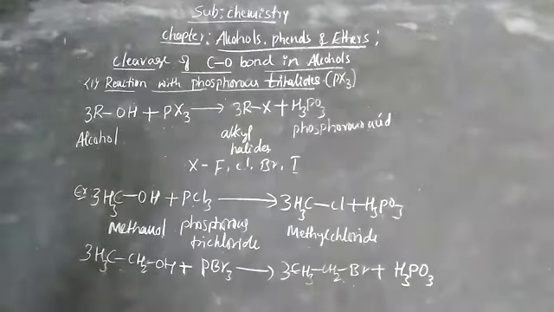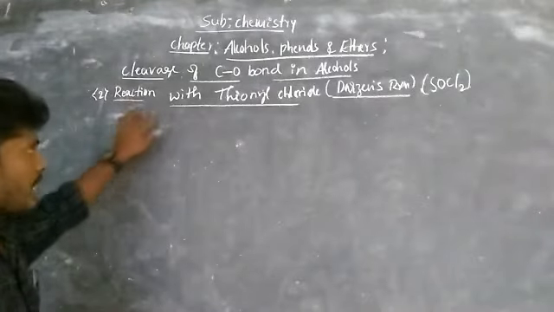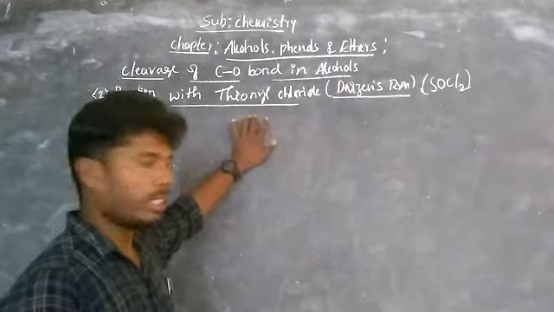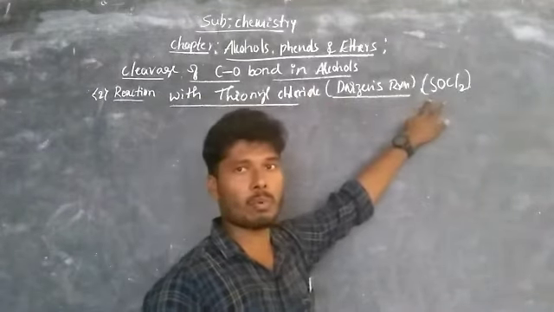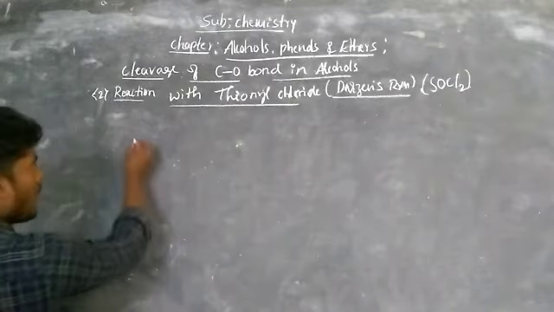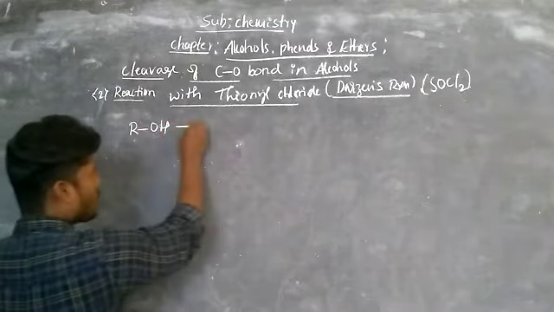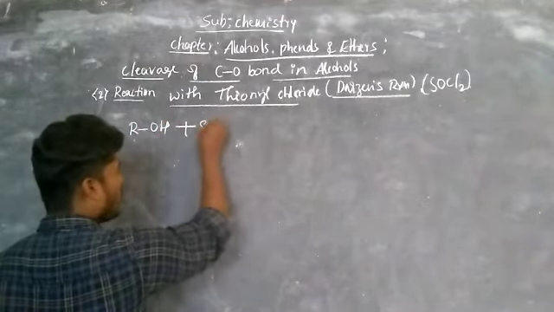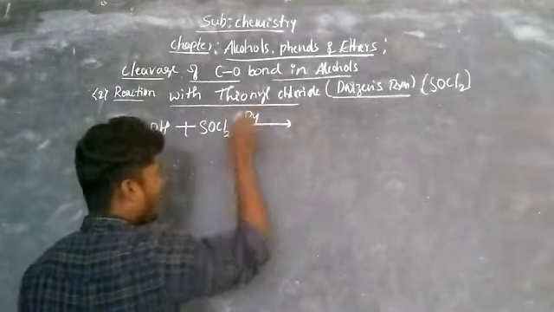Then the next one is reaction with thionyl chloride. The second one is the reaction with thionyl chloride, that is called the Darzens reaction. Thionyl chloride is SOCl2. Now similarly here, alcohols react in a general reaction with thionyl chloride, SOCl2, in the presence of the base pyridine, Py.